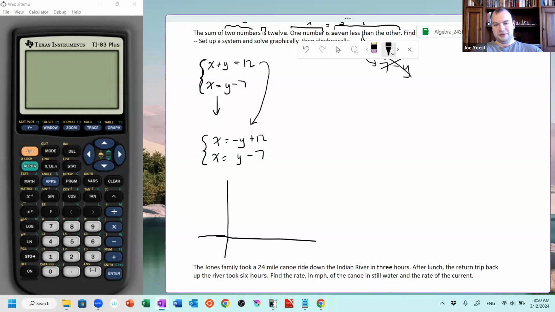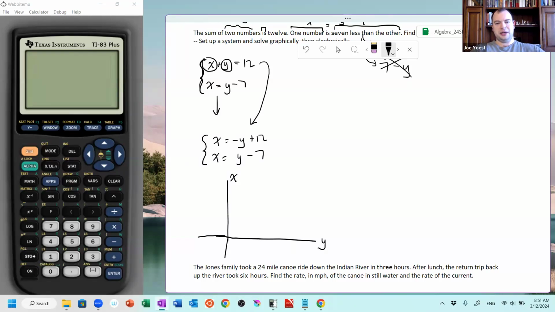But I'm going to graph with Y on the horizontal axis and X on the vertical, just to really make the point that we named two variables arbitrarily. It doesn't much matter how we solve for them or how we graph them, or what order we do any of this in. And if you had chosen to solve for Y equals stuff, and then graph with the horizontal axis being X and the vertical being Y, that's fine too.